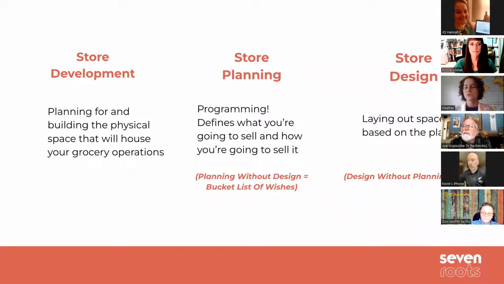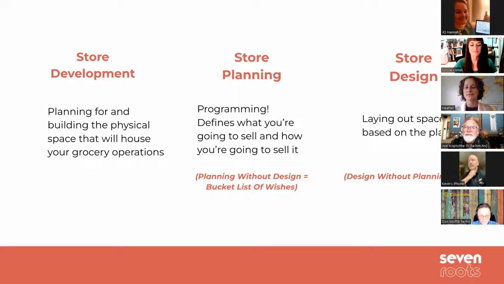Store planning and store design are two processes, and there's sort of a chicken and egg factor between them. Store planning is the first step of store design. It is programming. We've talked about programming in past FCI Live sessions, so if you want to deep dive on that, go back into that archive and find it.